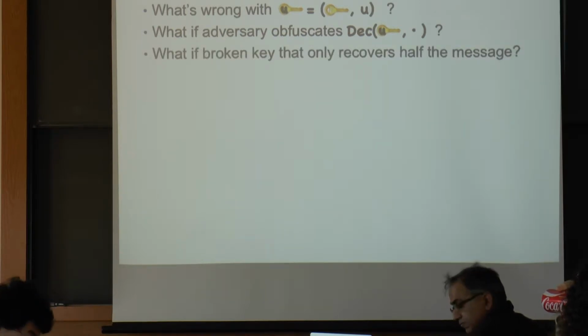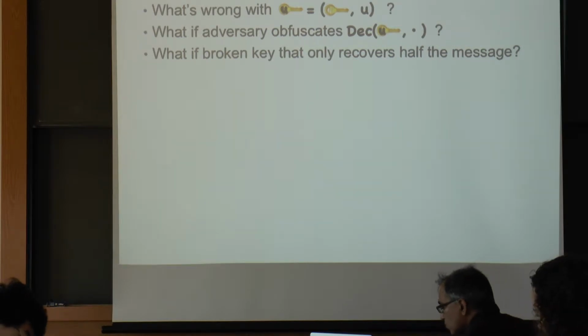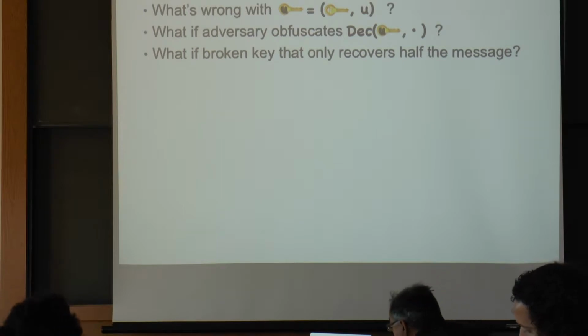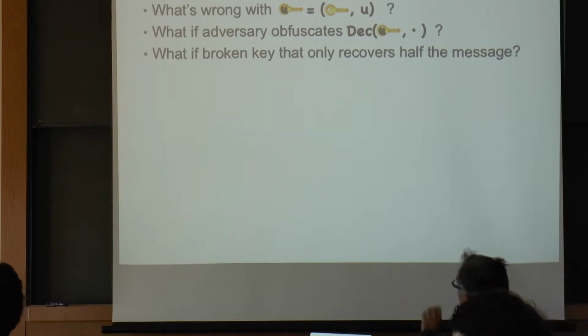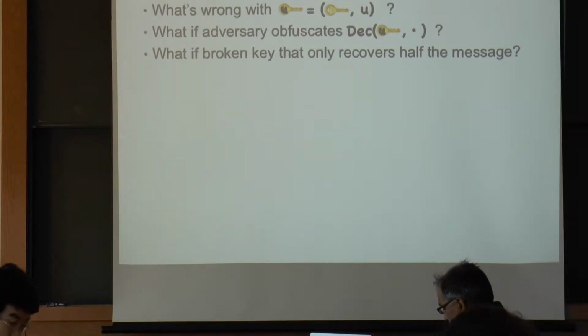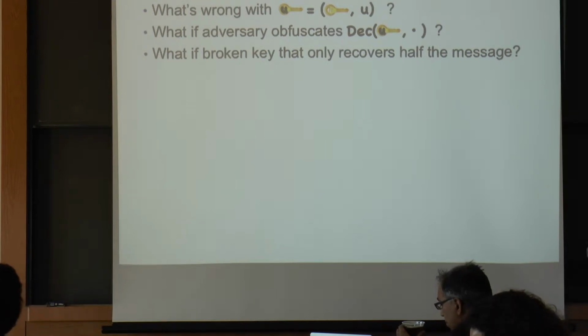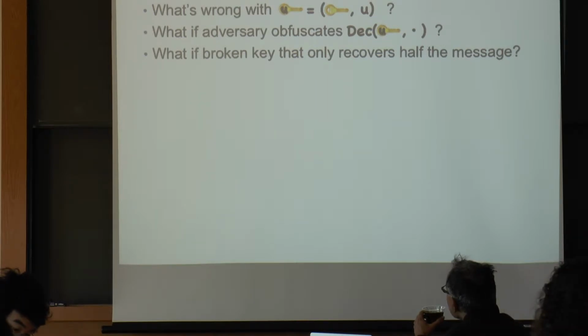And then also, what happens if the adversary is able to somehow take his key and break it in a way that allows the resulting broken key to decrypt half of the message, half the bits of the message, but maybe not the others. This is still a bad thing, even if the enemy only learns half of the message.